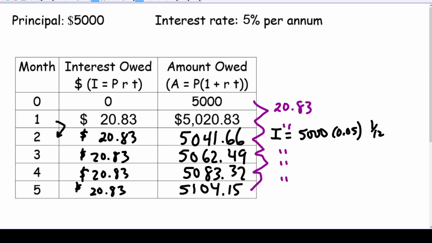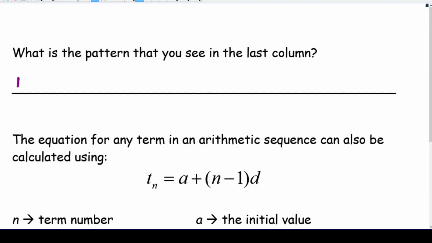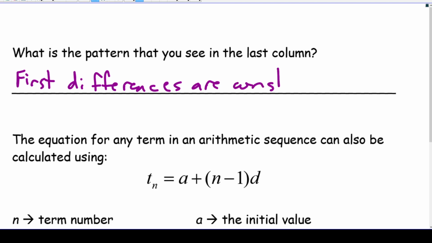And when our first differences are constant, what kind of relationship do we have? And I'm hoping everybody remembers this.